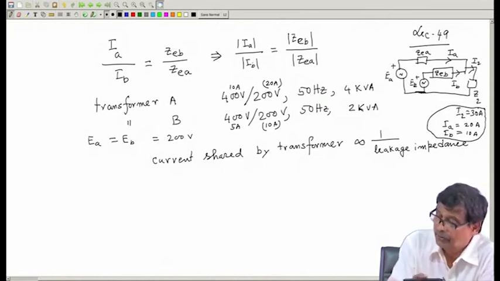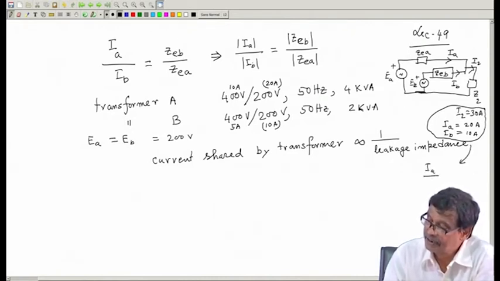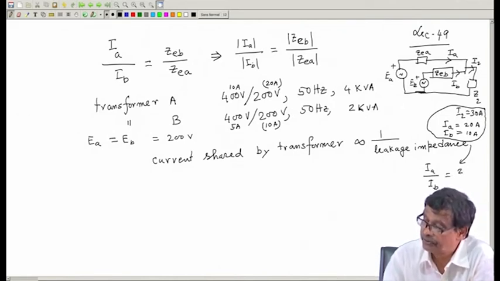But we find that IA by IB is ZEB by ZEA. Therefore, you see the ratio of IA by IB demands that the ratio should be 2:1, is not?